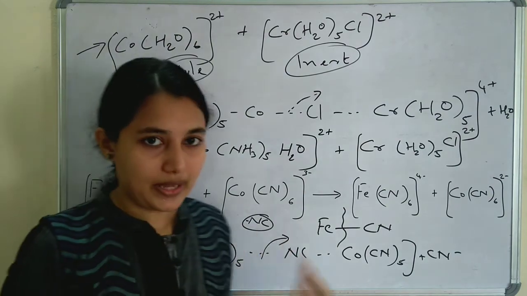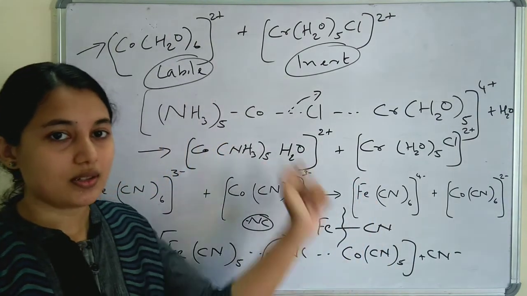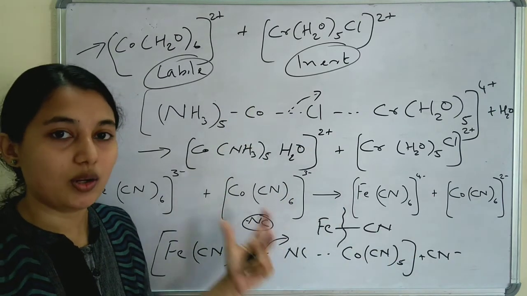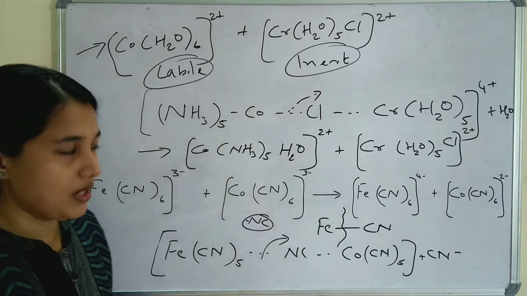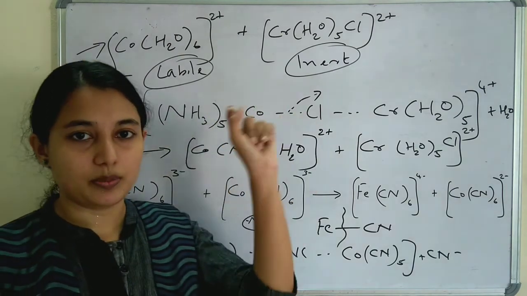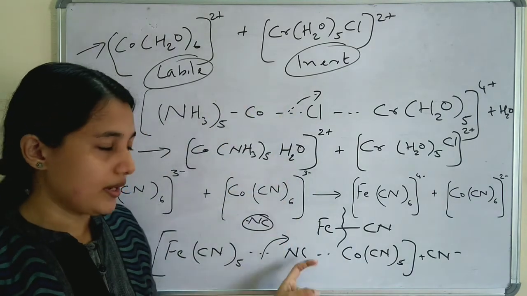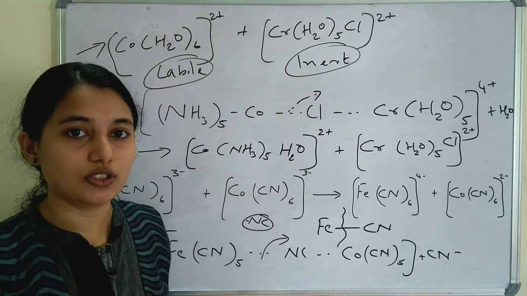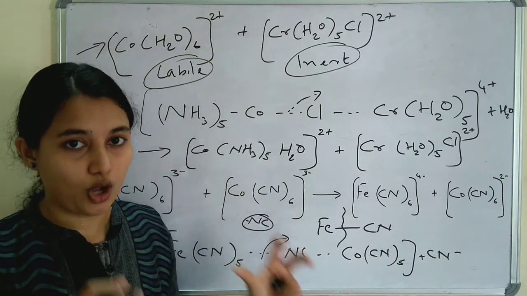So there are some cases where the bridging ligand is not transferred from one complex to the other, but they are also inner sphere mechanisms. In the first example we saw the bridging ligand transfer, and in the second example there is no transfer of the bridging ligand, due to the stability of the bridging ligand and the metal complex.